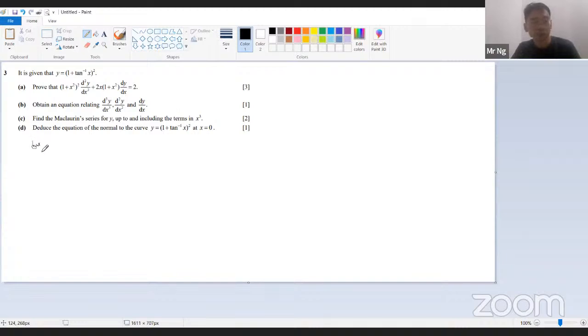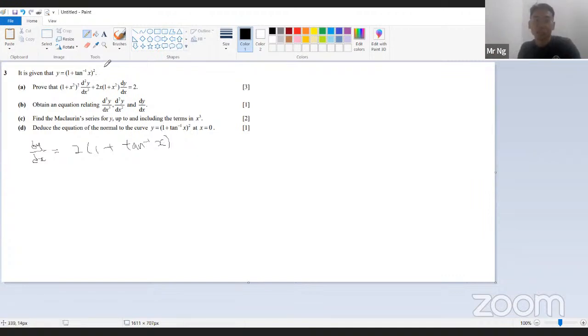So dy over dx equals 2 bracket. I know that a lot of students have problems differentiating this. Your understanding of the whole operators, where the bracket is, where the plus is, where the exterior composite function is, needs to be very clear. Then you will do this very fast.